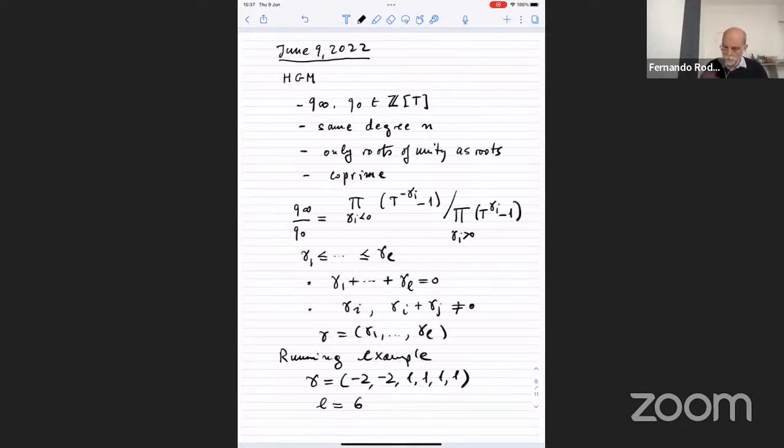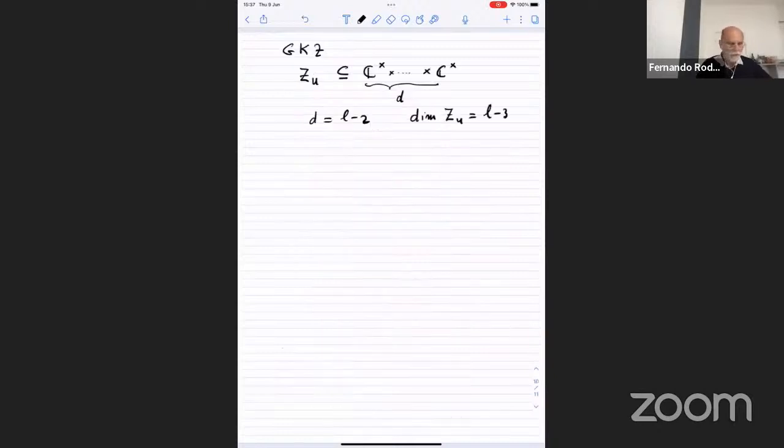For the running example of the Legendre family, typically the nicest example to discuss, we have elliptic curves, but in this format, what we assign to this data is actually a threefold. It looks a little bit like going the wrong way, but this has the beauty that it is completely systematic. There's not a whole lot of choices to make out of this gamma.